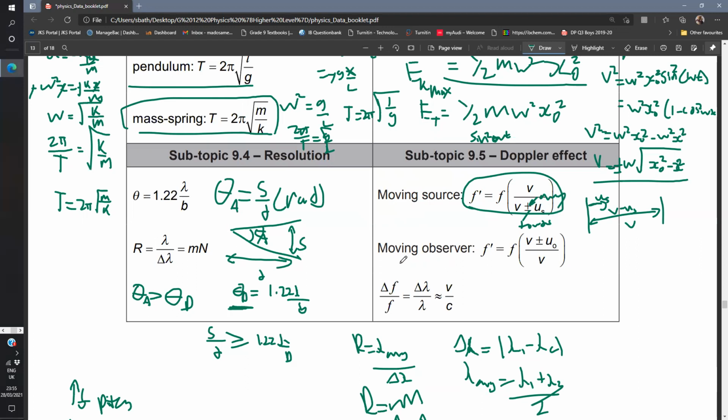And when we have a moving observer, it's the other way around. So the negative is away, and the positive is towards.